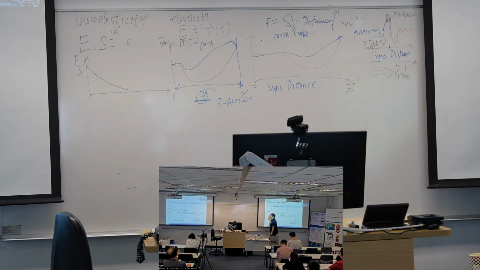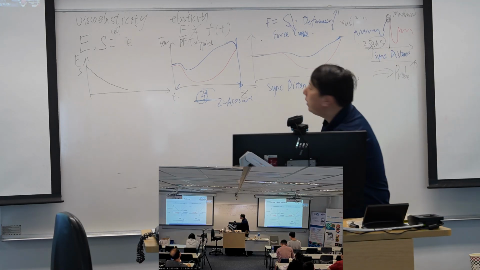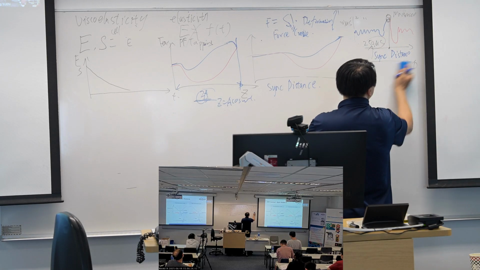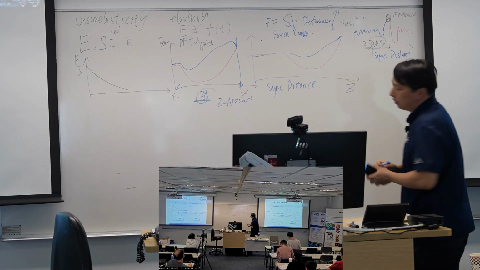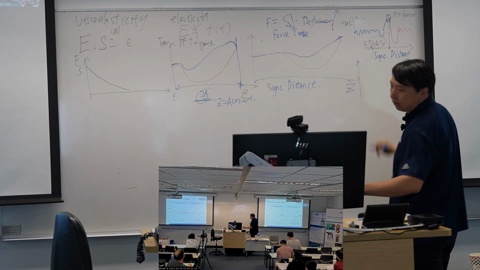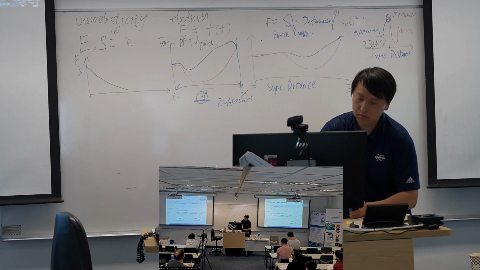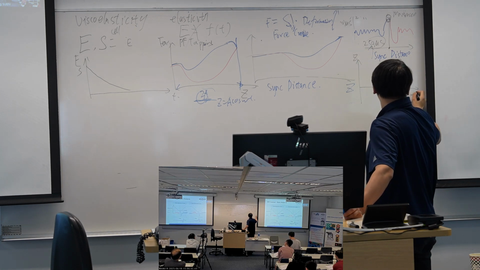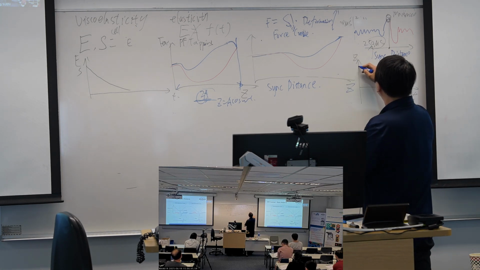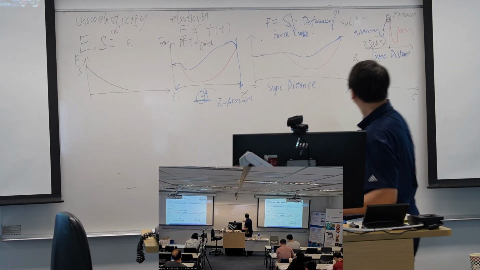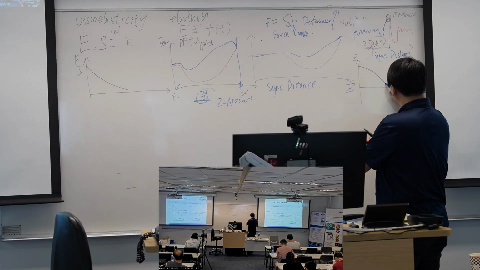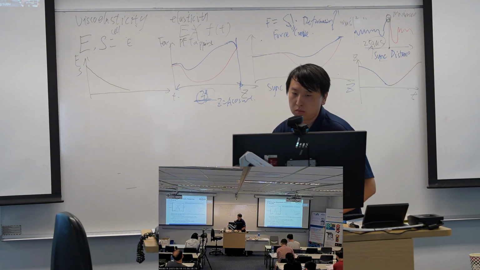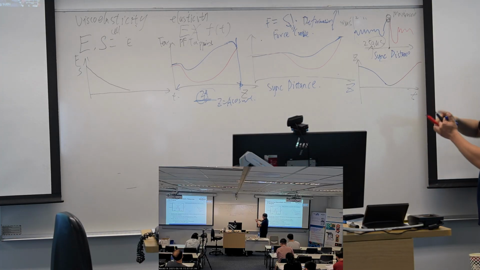So ideally, my sink distance, from my definition, the Z against the time is something like this one.